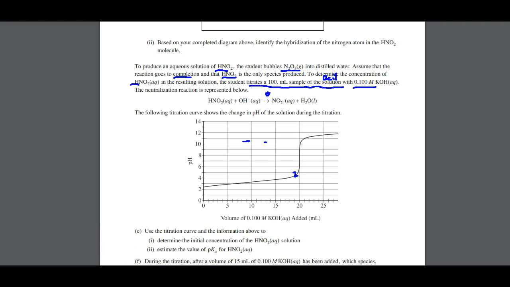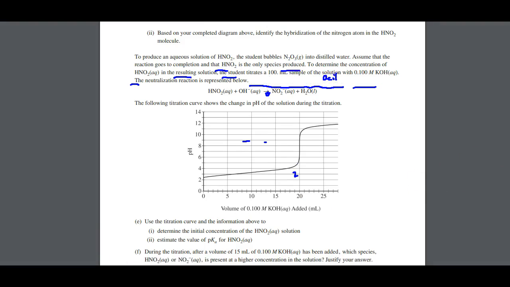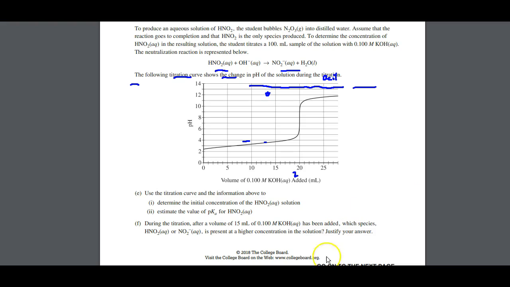One of the things they like to have you do is to write that net ionic equation, so you need to remember that only your strong acids and strong bases and soluble salts get written as ions. All right, so I have to keep erasing. Sorry. All right, so we're going to titrate, adding a strong base.